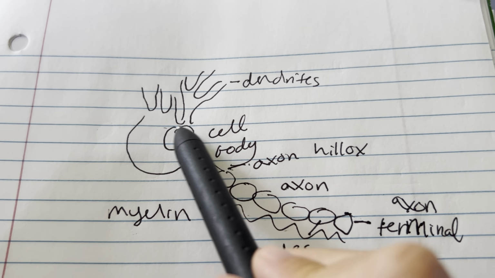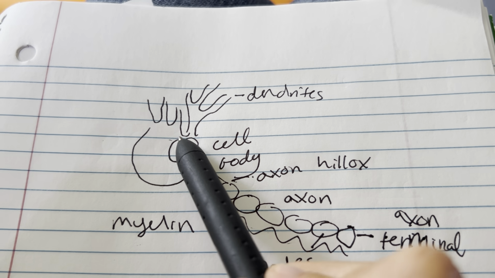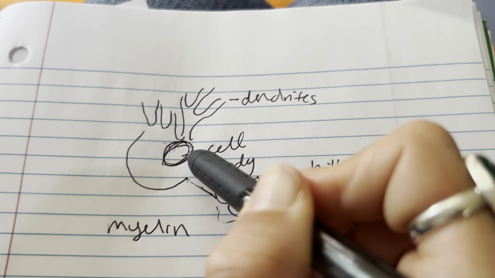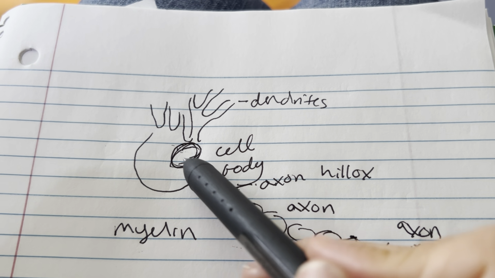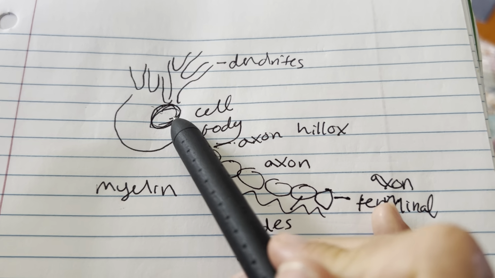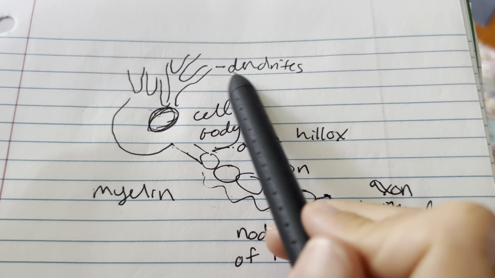So the cell body is often where larger molecules of neurotransmitter are being packaged. But the cell body is also synthesizing all of the information based on the DNA and also based off of all of the different signals it's receiving from the dendrites.